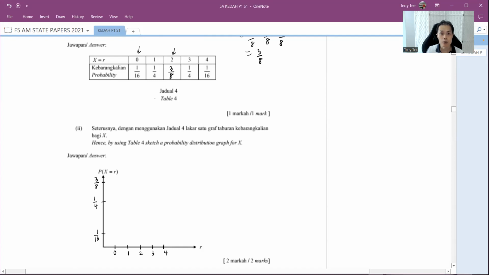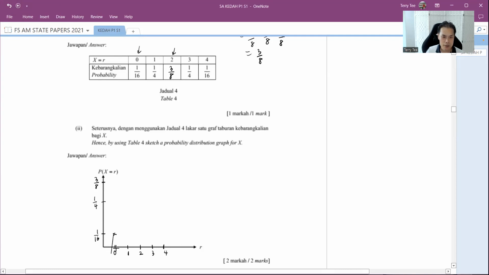Only 3 different values: 1/16, 1/4, and 3/8. So the first one is 1/16. Normally what we do is put a cross and draw a vertical line. If my line is ugly, just use a ruler. Okay, this is ugly, let me do it once again. This is 1/16. I will have to adjust it. You guys use a ruler to draw.